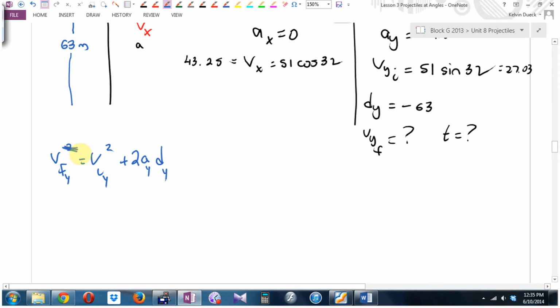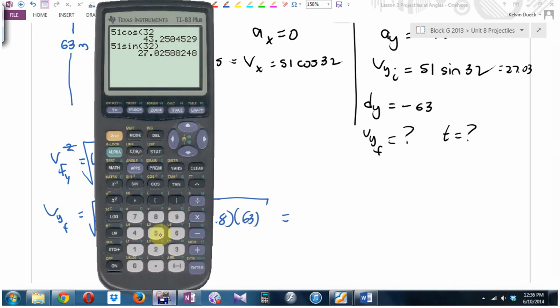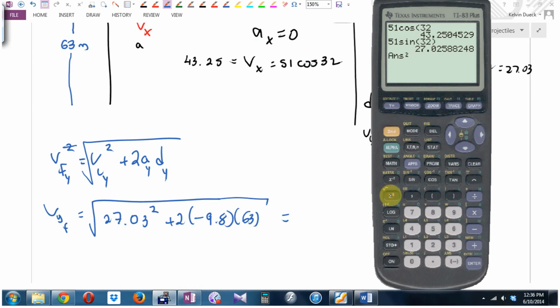Almost a plug and chug. Square root of 27.03 squared plus 2 times negative 9.8 times the negative 63.